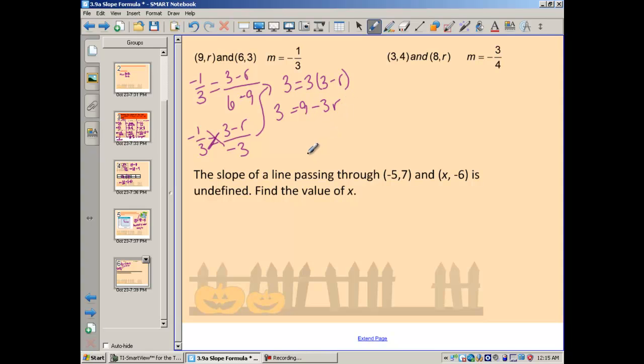And I'm going to solve this just like I would solve an equation. I'm going to subtract 9 from both sides, which gives me negative 6 equals negative 3r. And then I'm going to divide both sides by negative 3. I'm going to get that r equals 2. That means this value is 2.